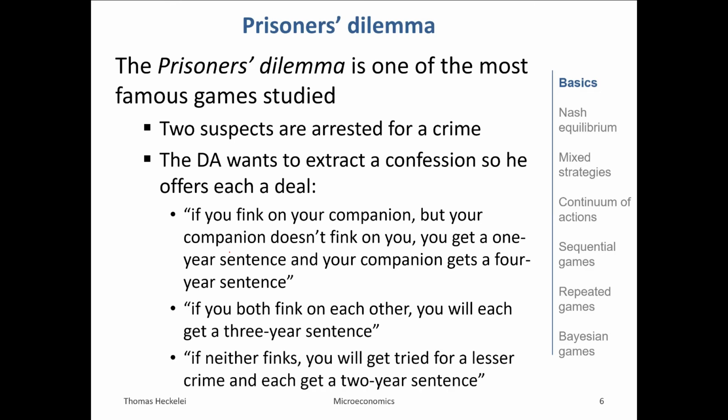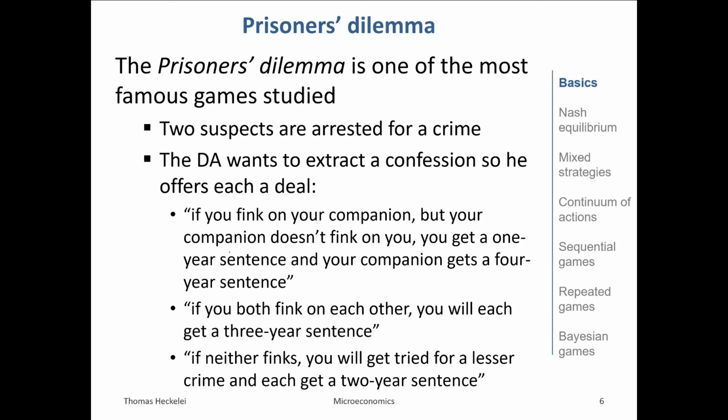However, if neither of the suspects thinks, each will be tried for a lesser crime, a smaller, more minor crime, not the one that she is interested in having evidence for. And in this case, each will get a 2-year sentence for this lesser crime.